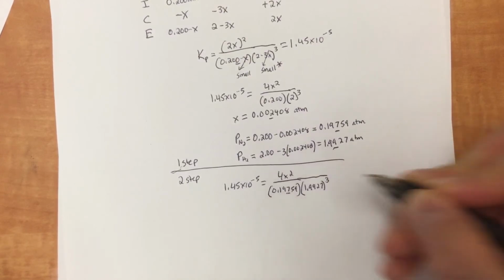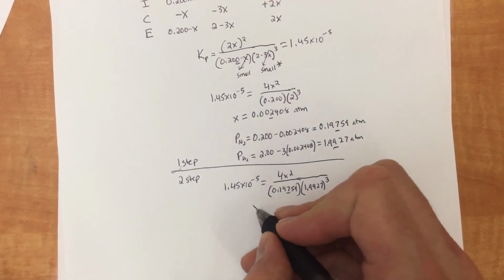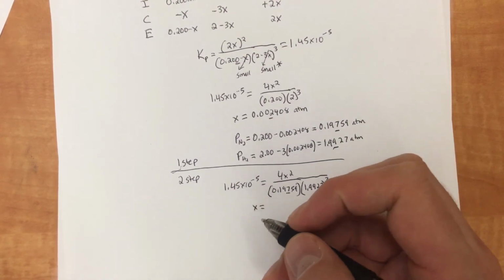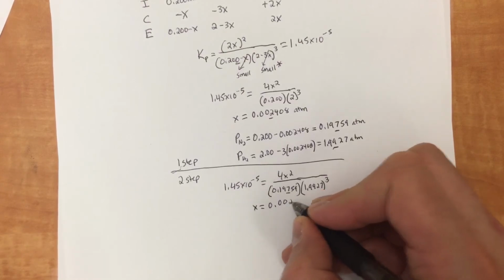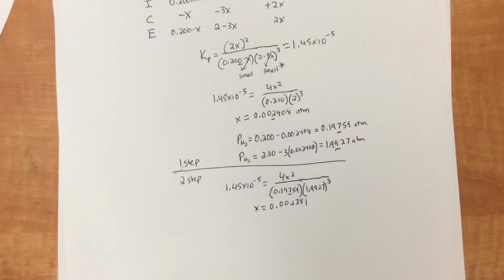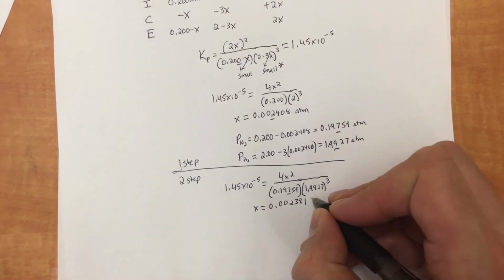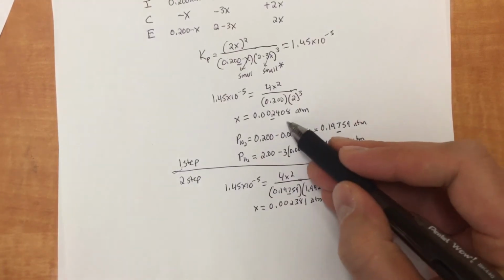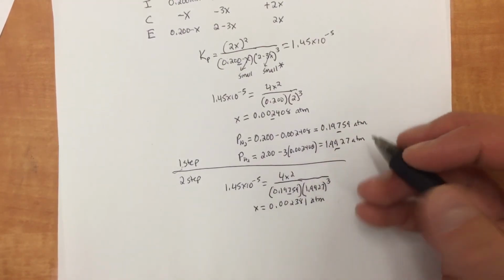And I'm carrying lots of significant digits along to make sure I don't have any rounding errors as I move forward. We can calculate x again using these values, and we find that x equals 0.002381. The value is slightly different than our value above, but we still have a value change here.